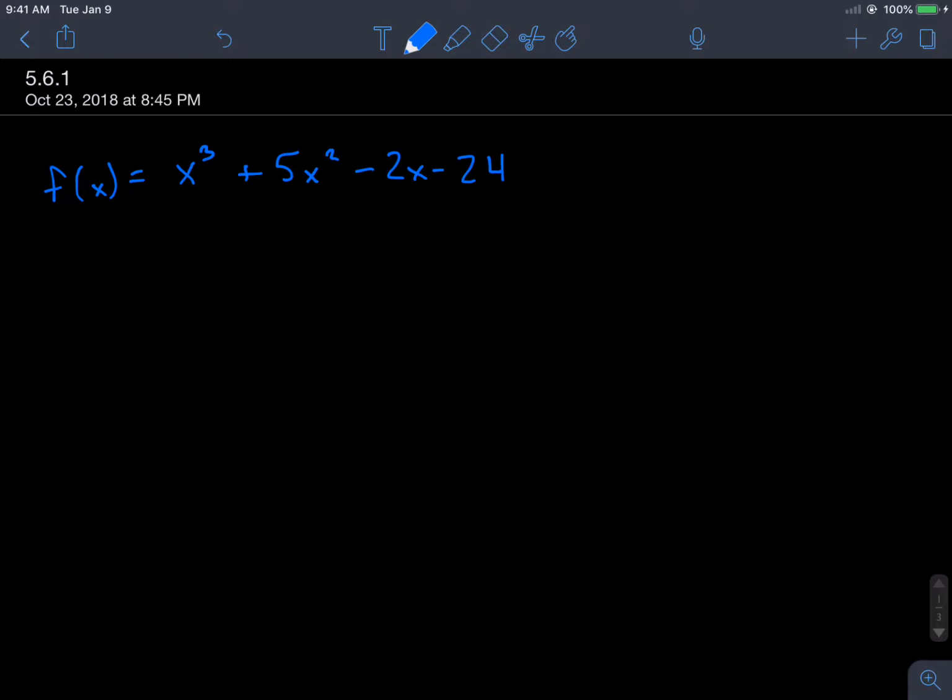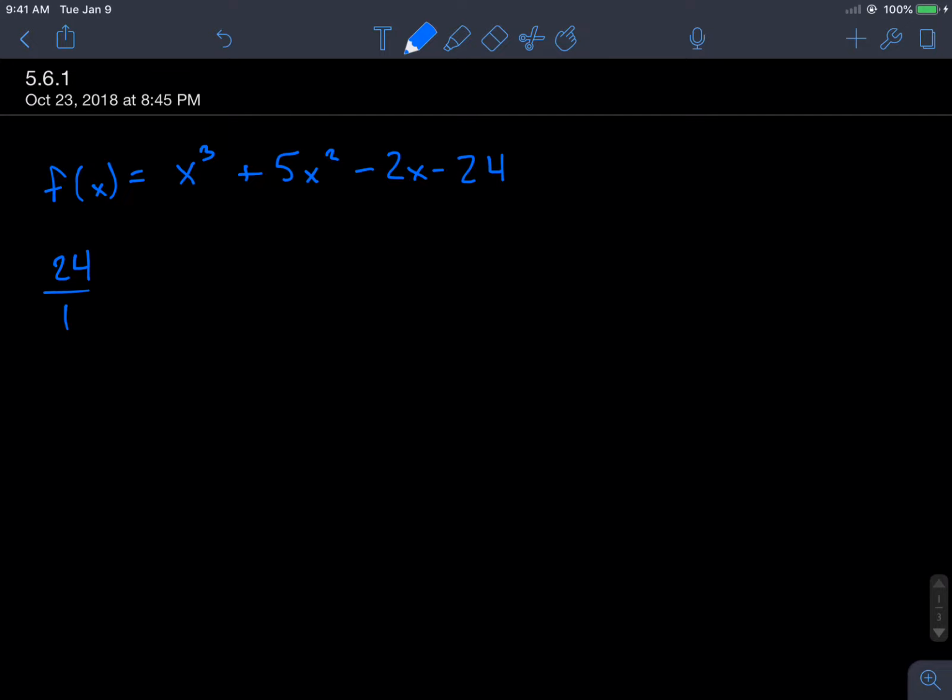And those were terms that we talked about back in section 2, factors of the constant term and the leading coefficient. So in this one, the constant term is the minus 24. We're just going to say 24 because we're going to consider the positives and negatives anyway. And the leading coefficient is 1.